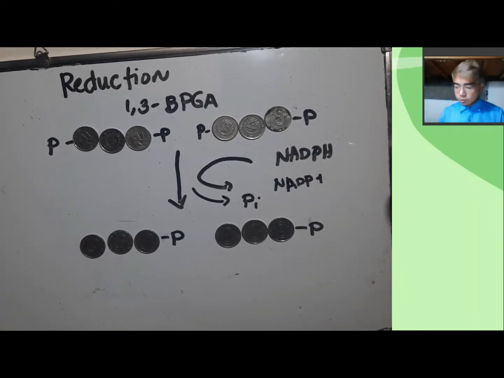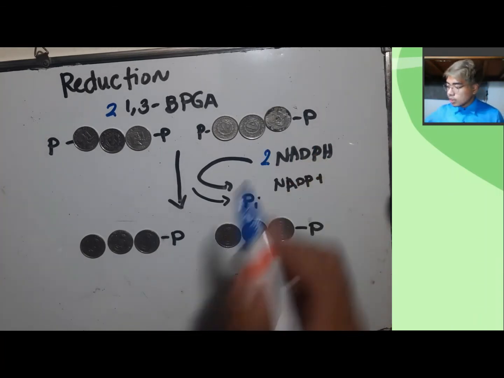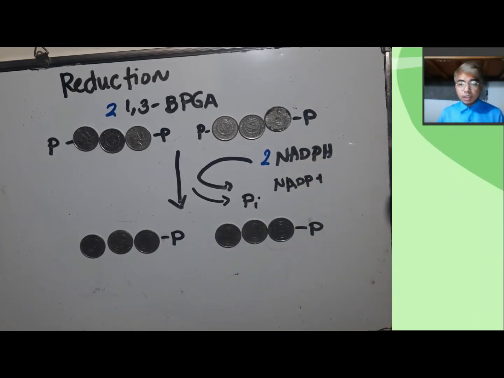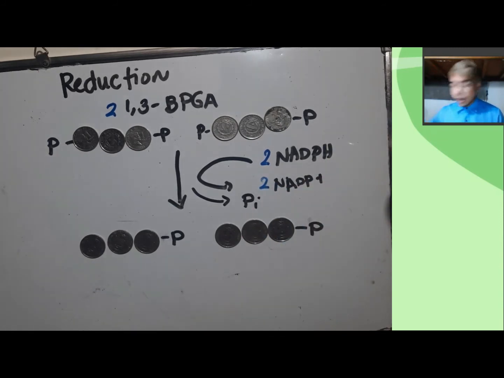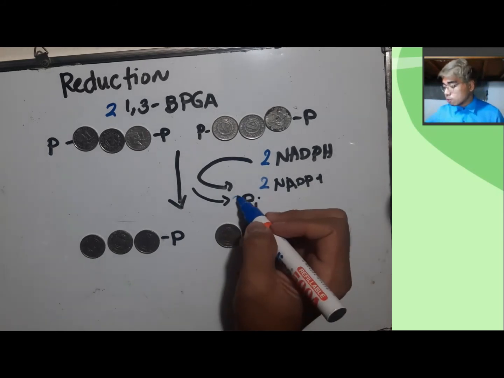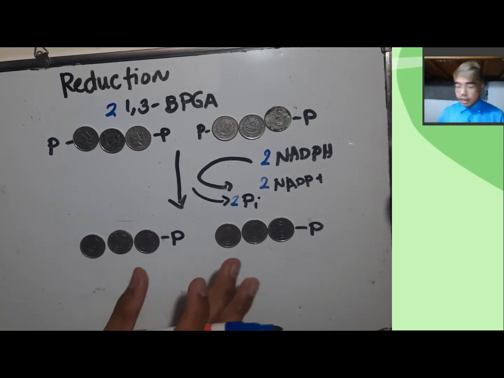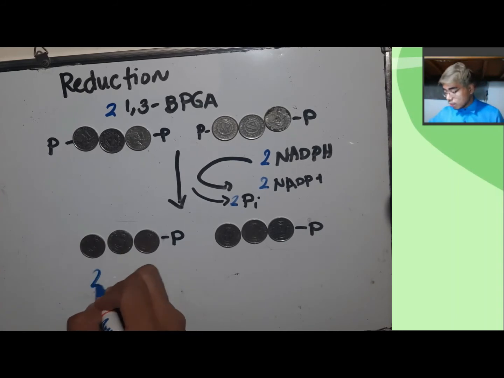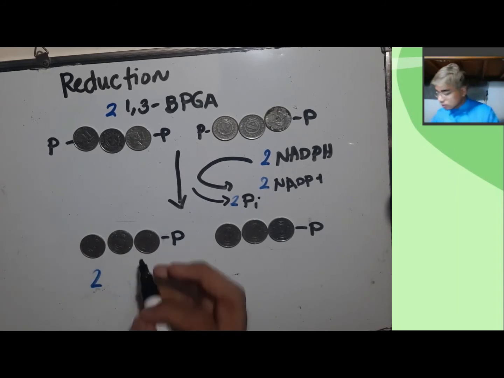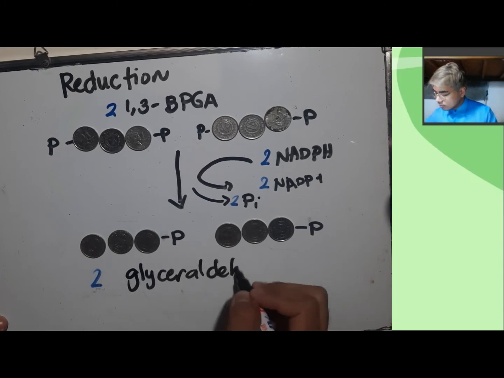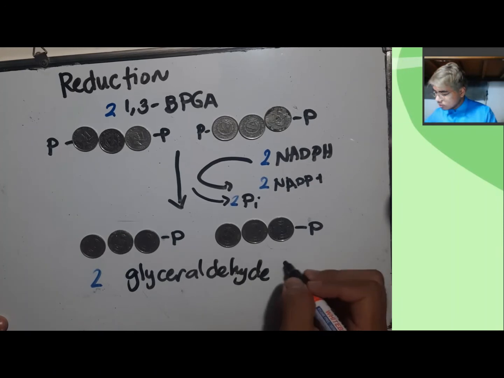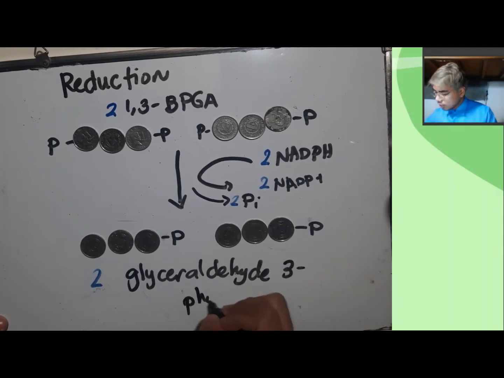Okay? So, if we have two 1,3-bisphosphoglycerate, two NADPH will become 2 NADP+, and it will permit the release of 2 phosphates, and it will create a new byproduct known as 2 glyceraldehyde phosphate.